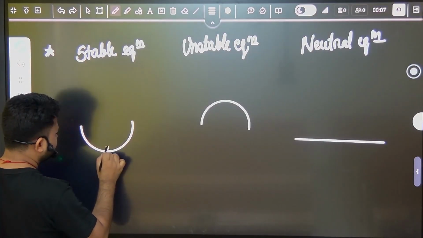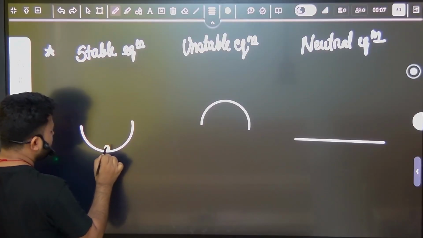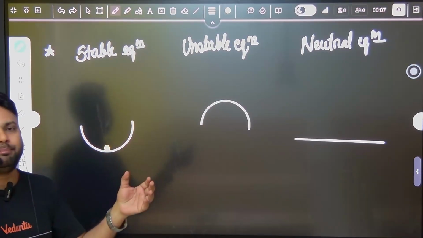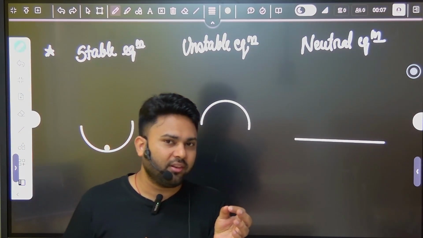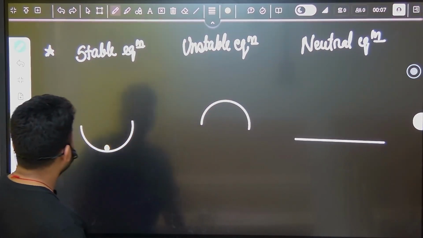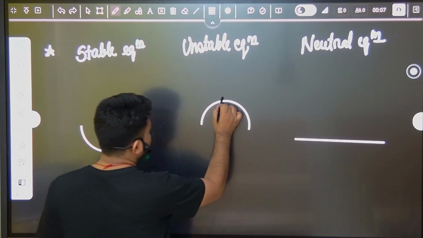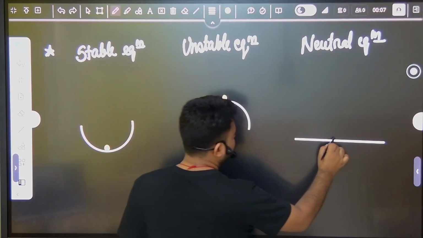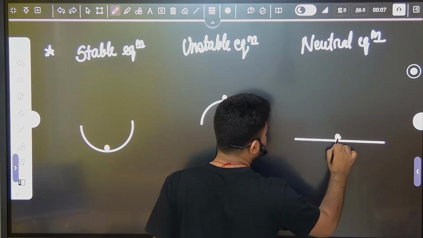Suppose there is a ball like this, and this ball is kept in a bowl. Here also similarly, all these three cases.